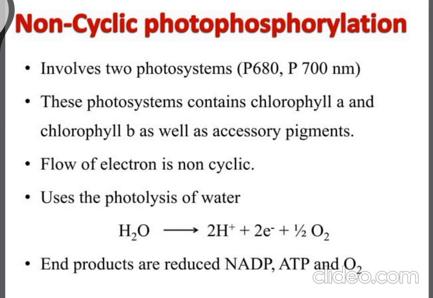The flow of electrons is non-cyclic. It uses the photolysis of water: H2O gives 2H+ plus 2e- plus half O2. The products are reduced NADP, ATP and O2, oxygen.